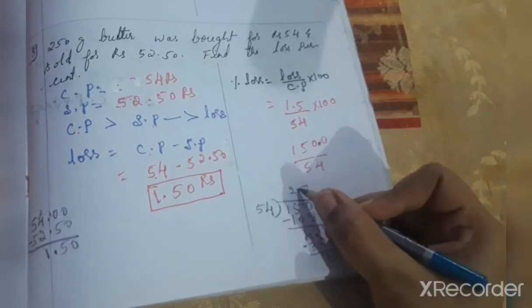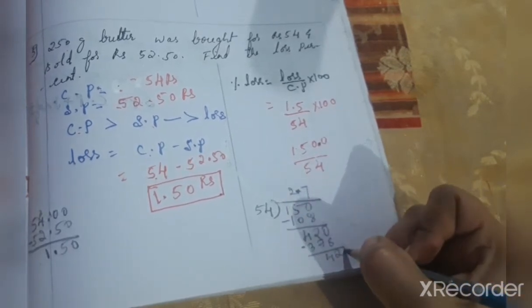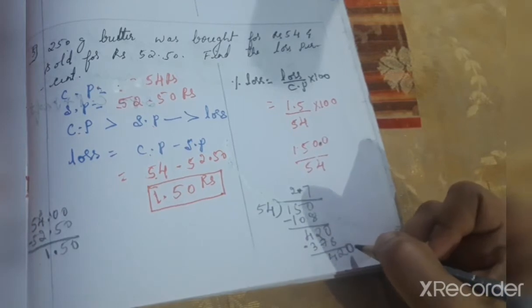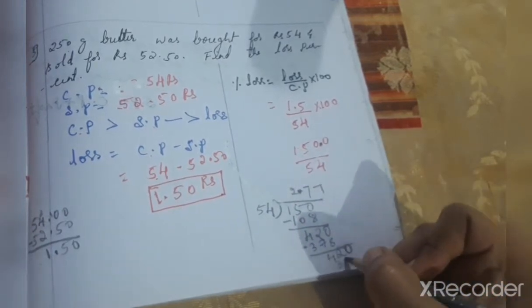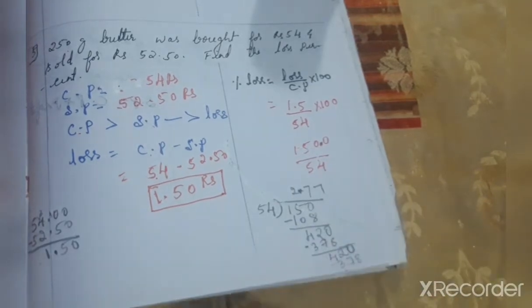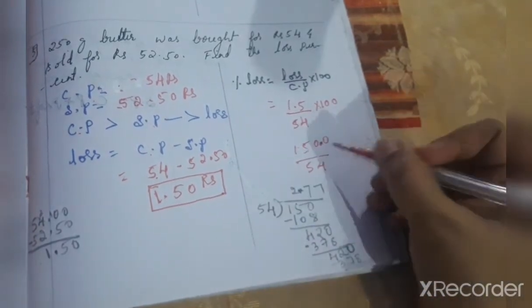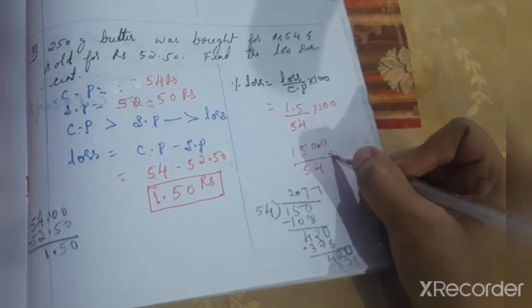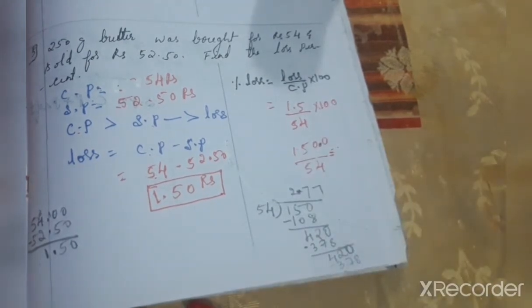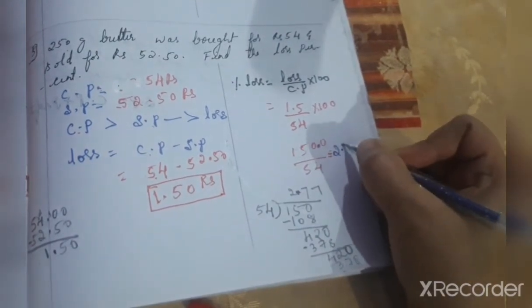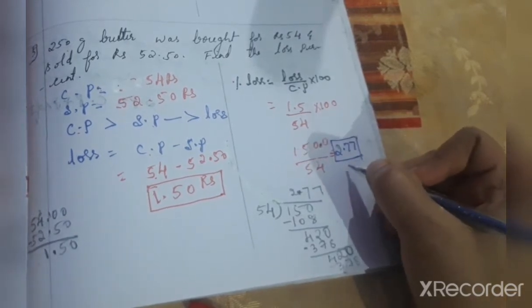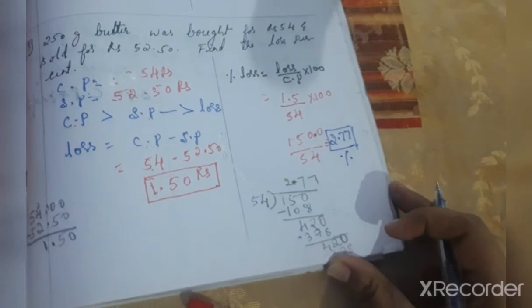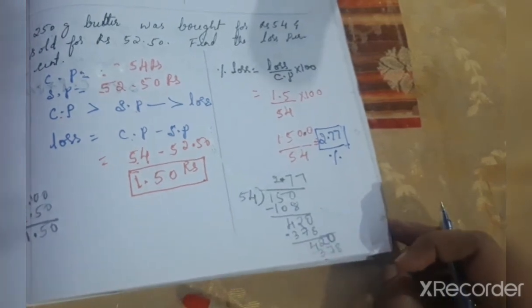So after dividing, the answer is 2.77 percent. The percentage of loss is 2.77 percent.